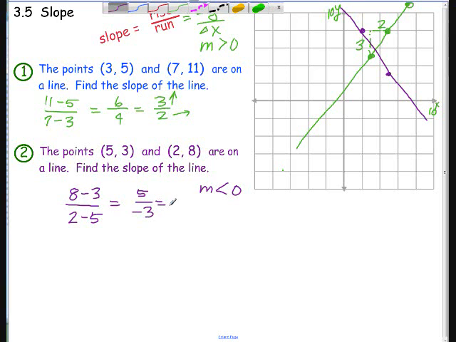So my slope is negative 5 over 3. Let's check that out here. That would mean we're going down 5 and then over 3. So minus 5 and a plus 3.